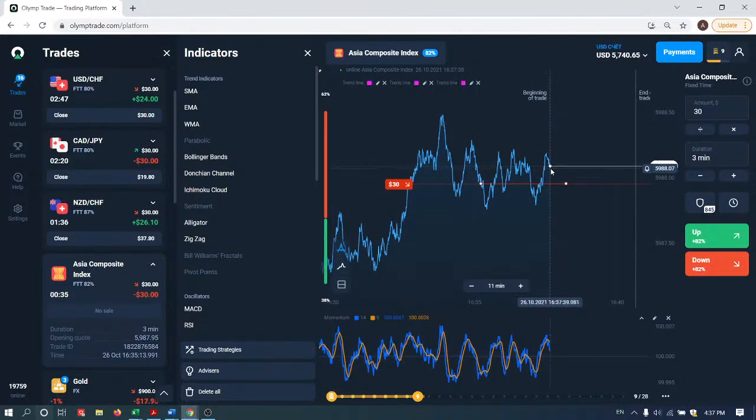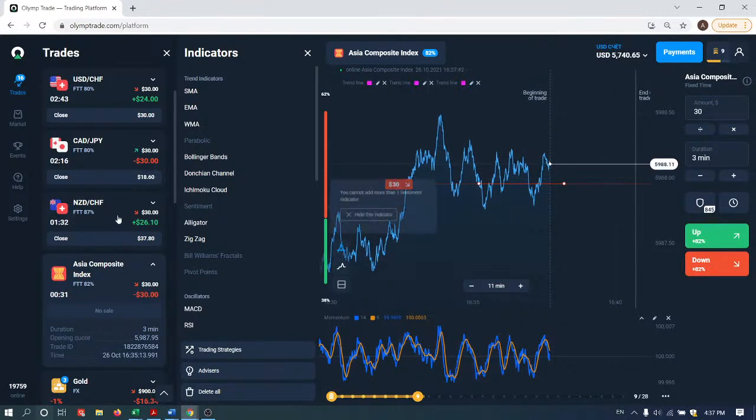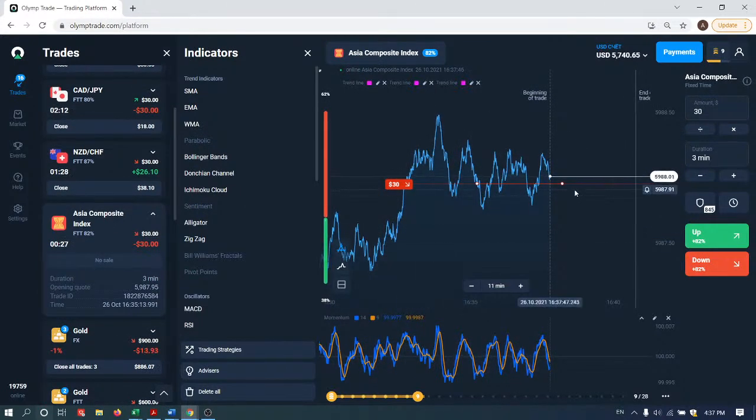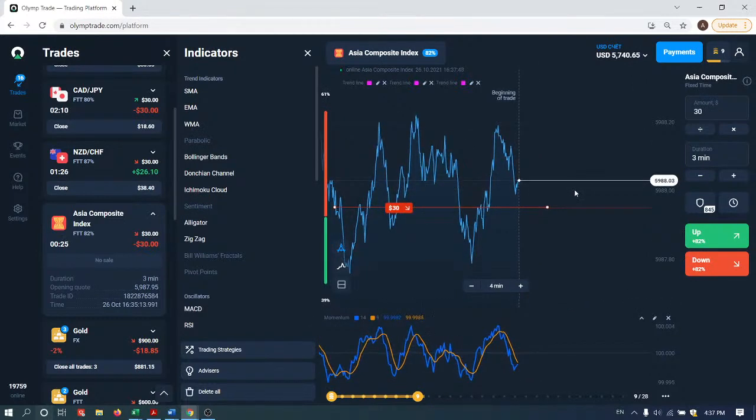Did it really go so high on the Asia Composite Index? 30 seconds to go, and I have 1, 2, 4, 3. Right, 28 seconds to go.